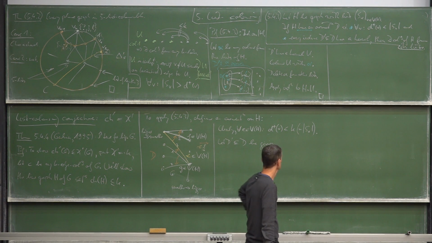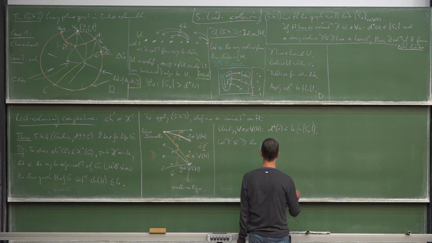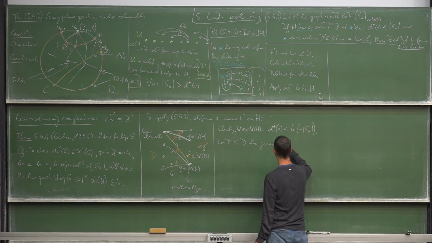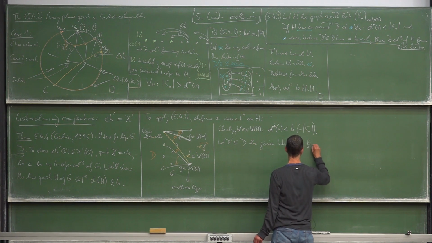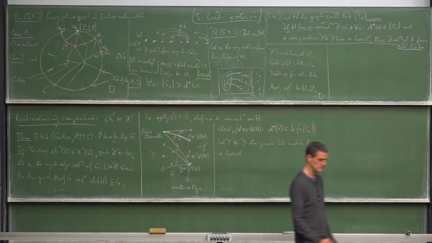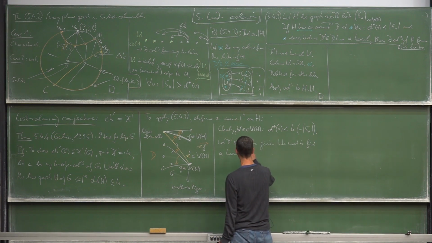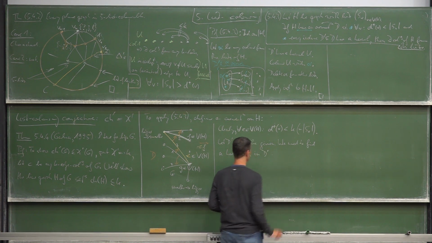We need to find a kernel. Kernels are green, so to find a kernel U in D prime.